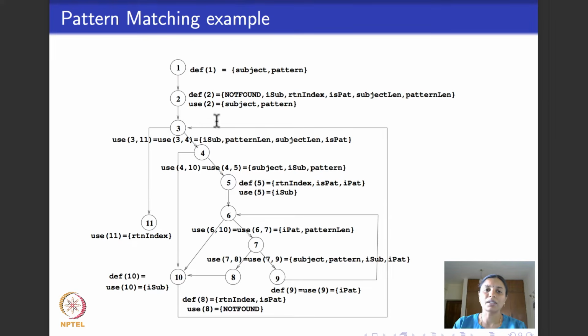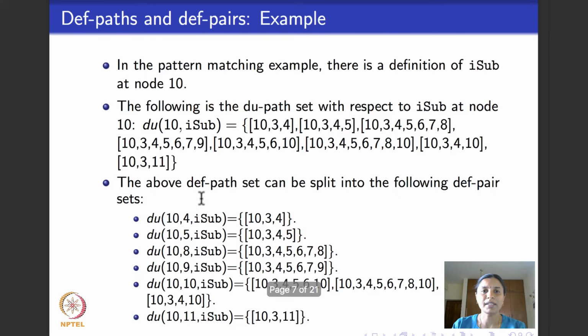So if you remember, we had first drawn the CFG. I had given you labels with all the statements, and I'd taken the same CFG and annotated the graph with definitions and uses. So that's what this graph is. I have put the same graph with this small correction done. So we will understand how the various DU paths look. For simplicity, I have taken this variable I sub.